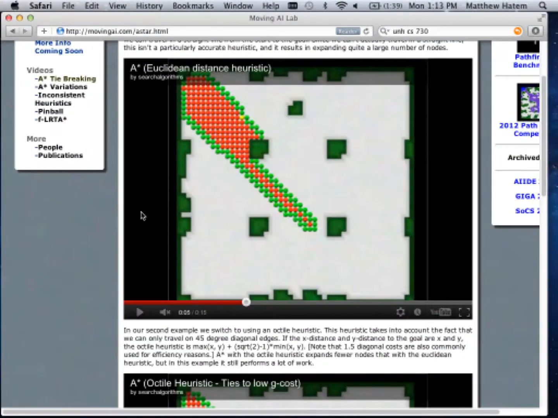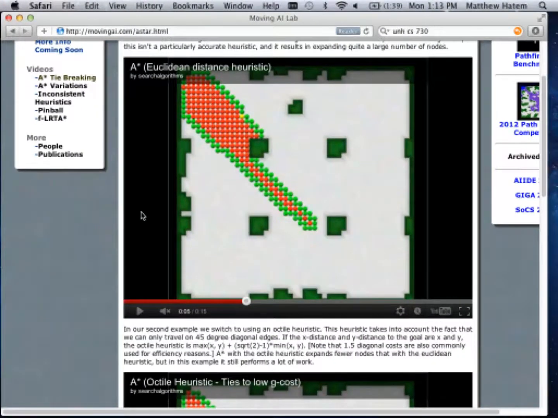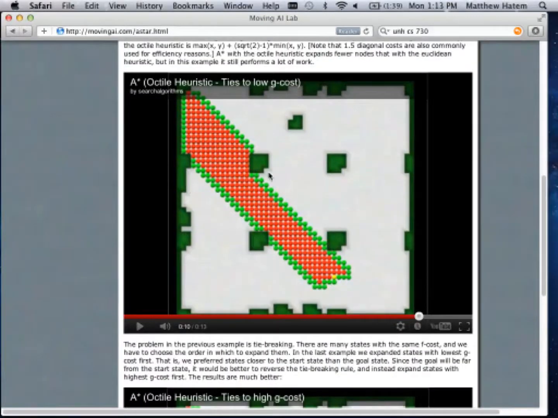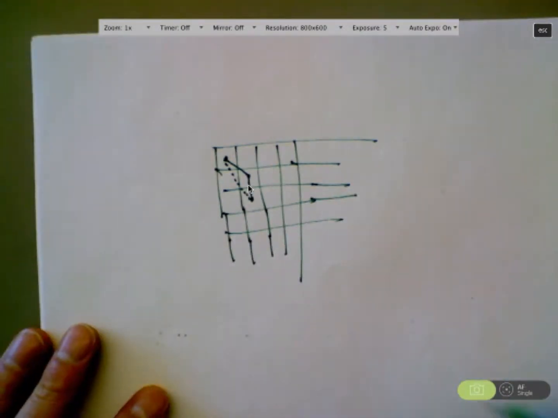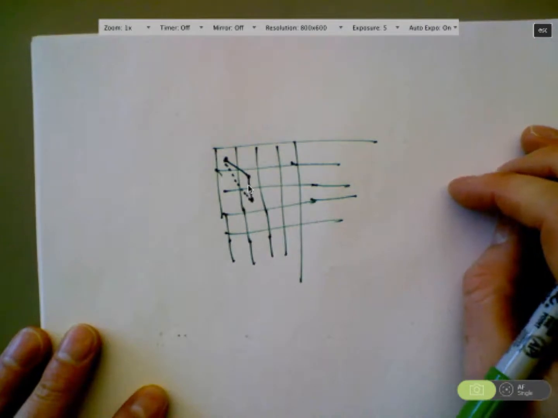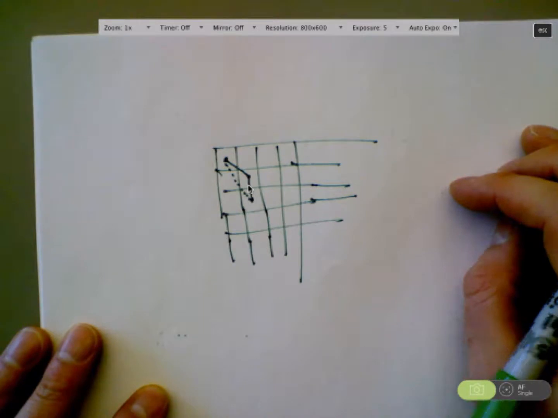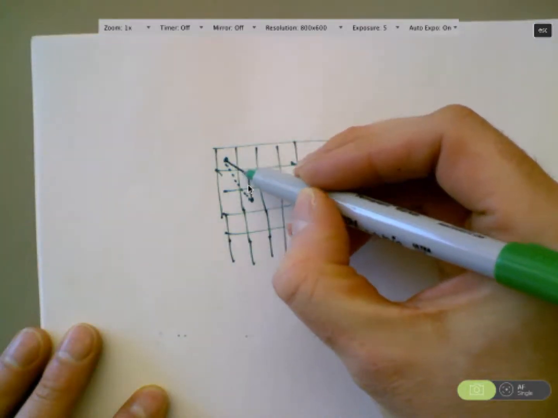And I think they also have the tiebreaking screwed up. Anyway, this is the search with the correct heuristic. And the correct heuristic for this kind of domain is called octile distance. It takes into account the fact that you can go diagonally.